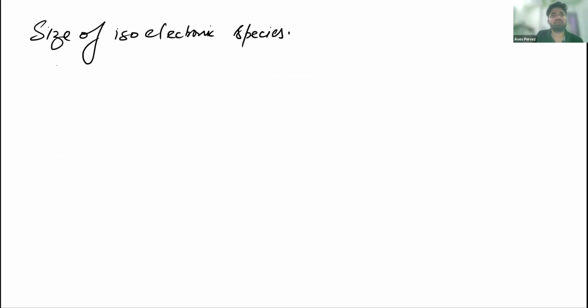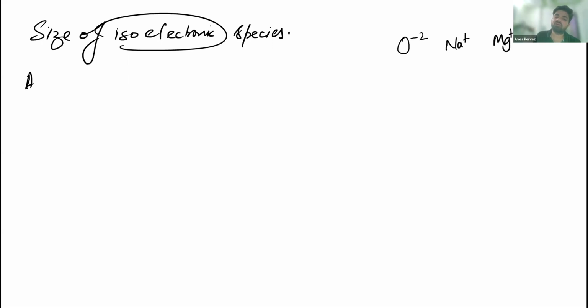Next, if I talk about the size of isoelectronic species. What are isoelectronic species? Isoelectronic species are species that have the same total number of electrons. For example, O minus 2, Na positive, Mg2 positive, and neon are all isoelectronic species.